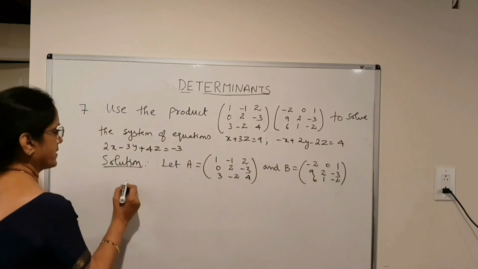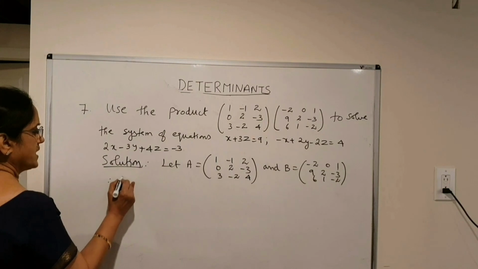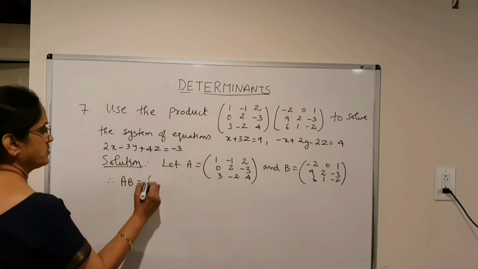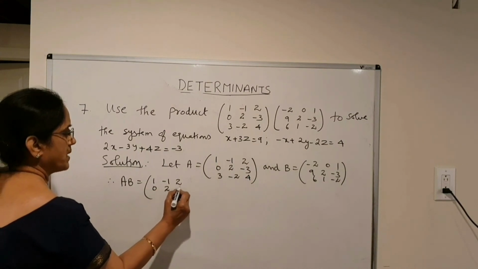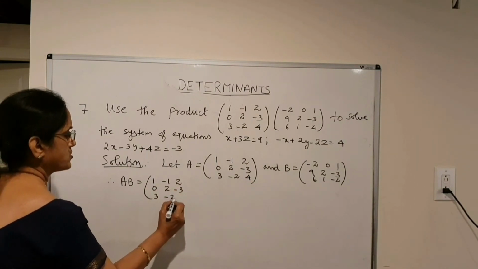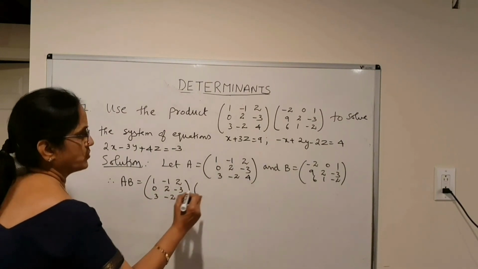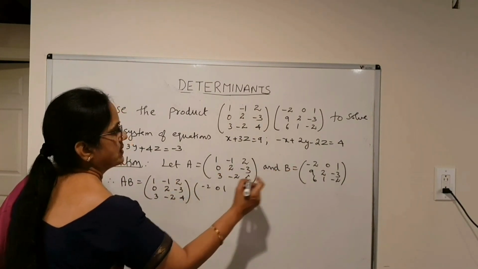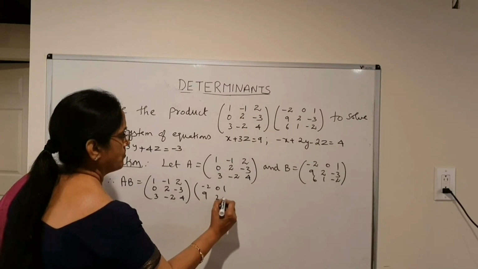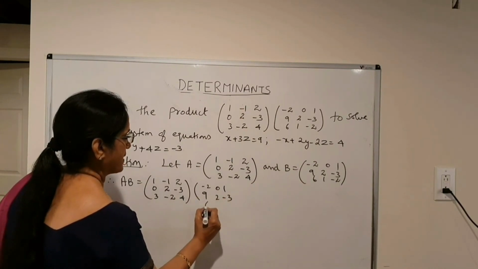Let us find out the product. Therefore, AB is equal to 1, minus 1, 2; 0, 2, minus 3; 3, minus 2, 4 into minus 2, 0, 1; 9, 2, minus 3; 6, 1, minus 2.